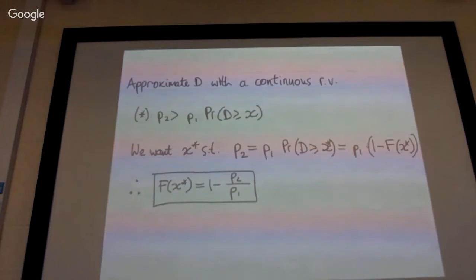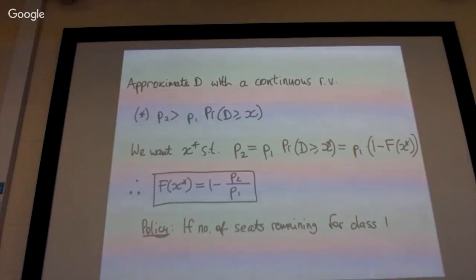So then the policy is: if the number of seats remaining for class 1 is no more than its x star, don't sell.